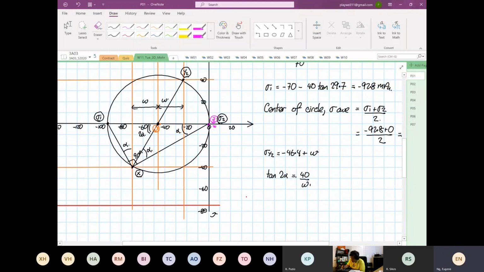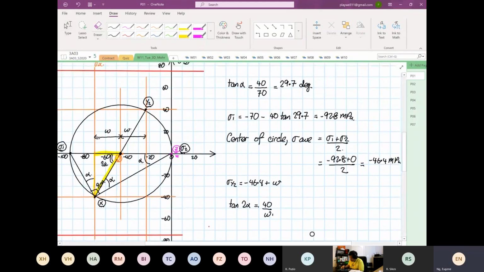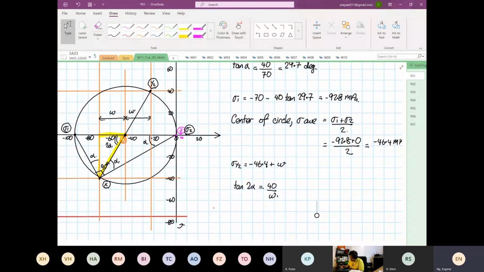So we are focusing on this triangle now. Okay, I do apologize for this. To find omega, we know the angle made is 2 alpha over there, right? So we found alpha to be 29.7.